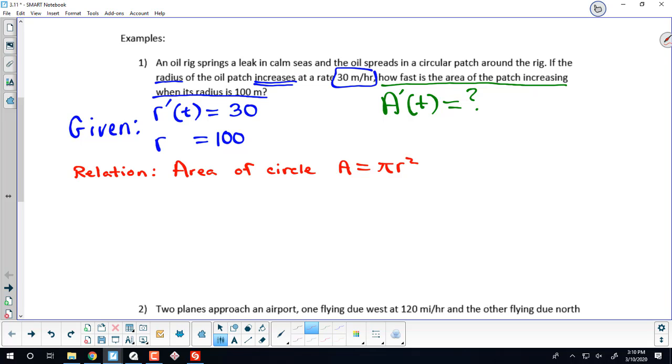Remember, area and radius are both functions of time, though. So our relationship is really A of t equals pi r of t squared. Does that all make sense? Does anyone have any questions or comments?